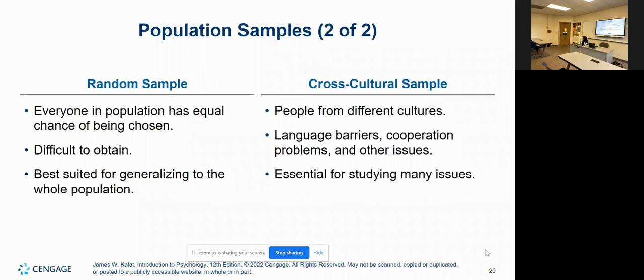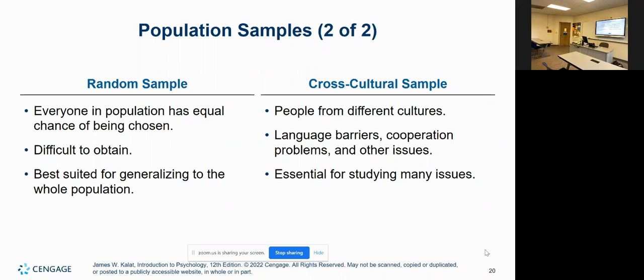So it's not convenience. It's not going downtown and collecting the first 20 people. But if I send out a flyer saying all freshmen, come to this meeting here and we'll decide whether you meet the criteria for our study, that would be okay because anybody that reads that flyer is going to come in here.